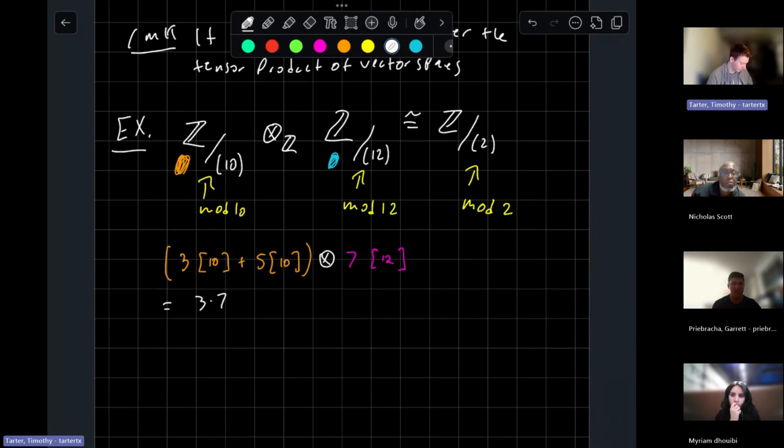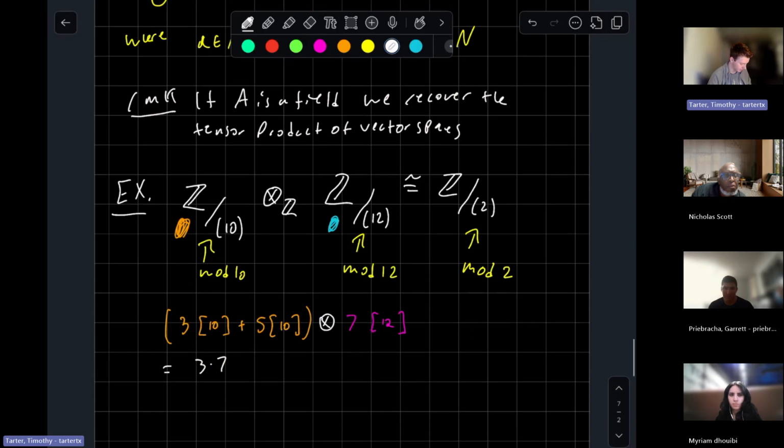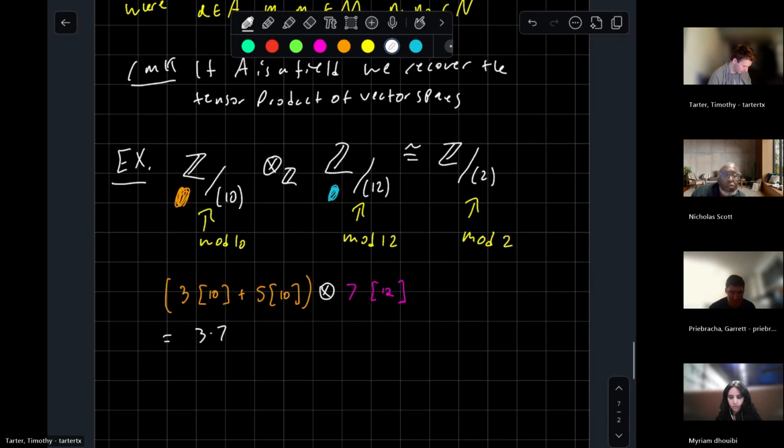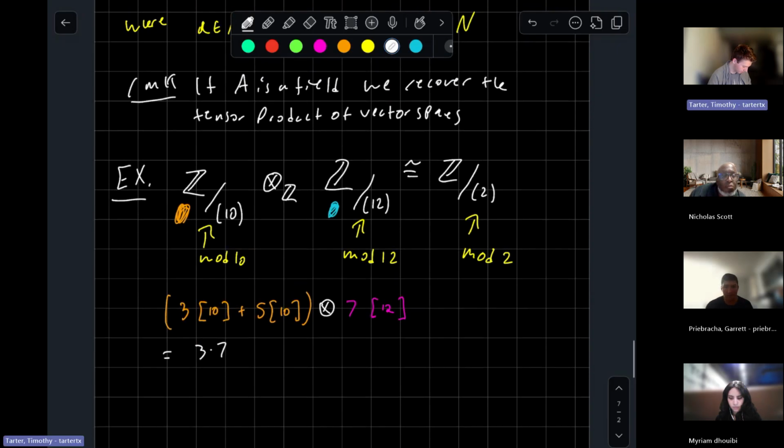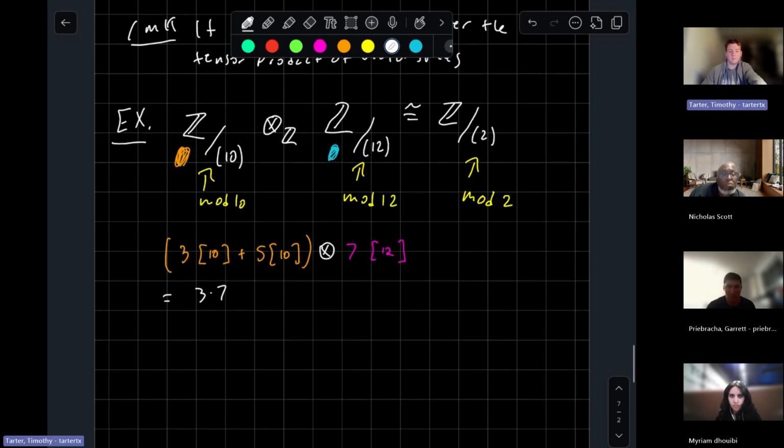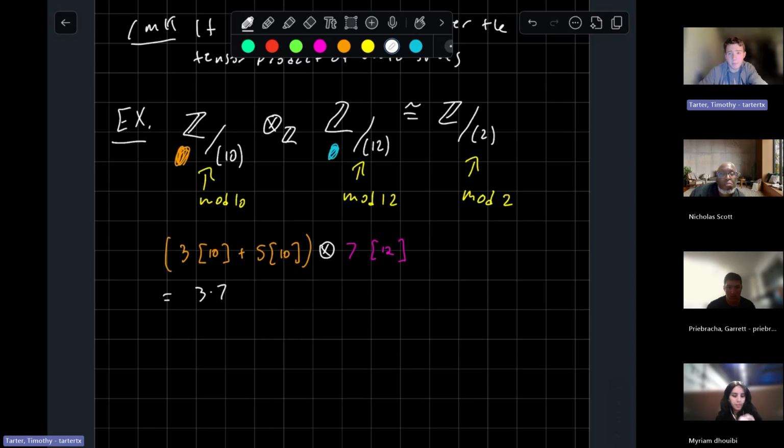And then how do you determine what the mod is? This is the crux of it. Let me look it up.